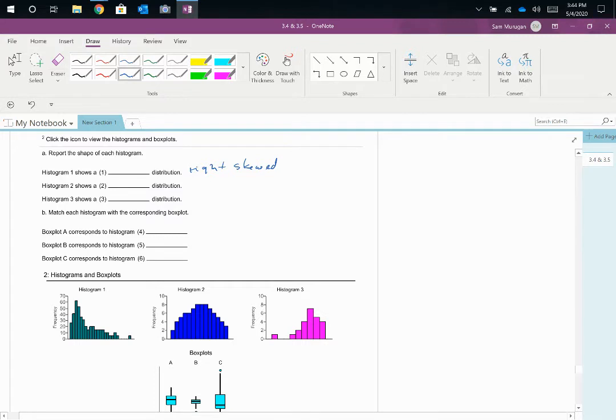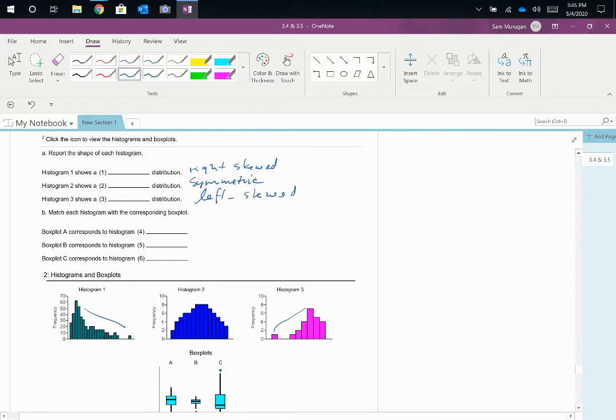Histogram 2 is symmetric. And histogram 3 is left skewed. It's left skewed right there. Okay, right skewed, left skewed, and the middle one is symmetric.